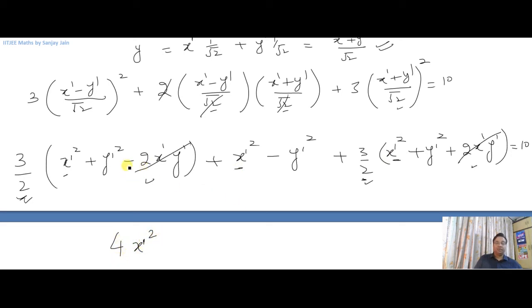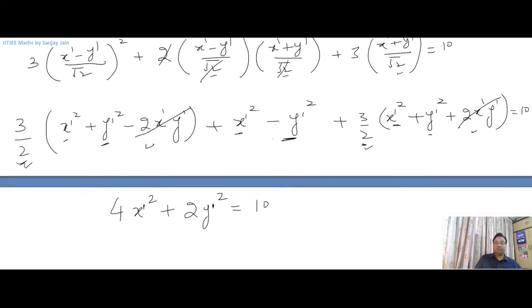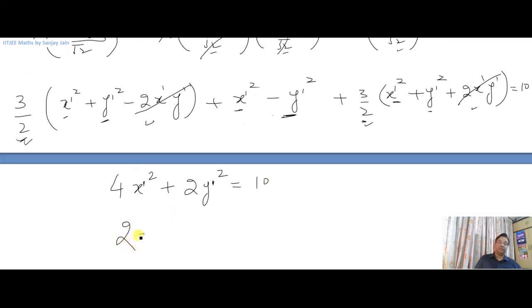And what about y dash squared? This is 3 by 2, this is 3 by 2, so total 3 minus 1, so 2y dash squared, and on the right hand side I've got 10. So what you can do is, to further simplify it a little bit, you can write it as 2x dash squared plus y dash squared equal to 5. So this is the new equation that we were looking for.